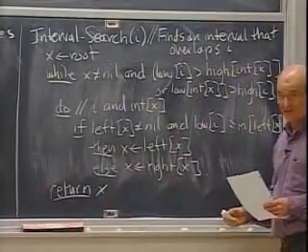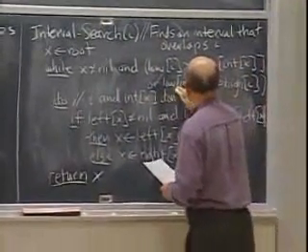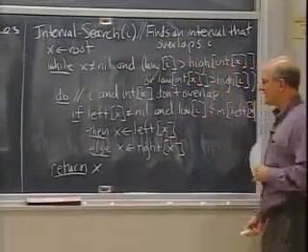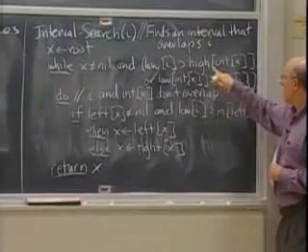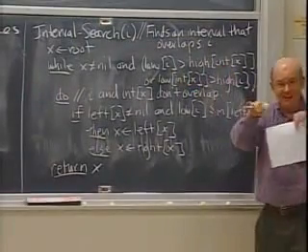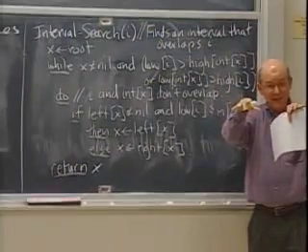They don't overlap. They don't overlap because the high of one is smaller than the low of the other. If the high of one is smaller than the low of the other, they don't overlap that way.